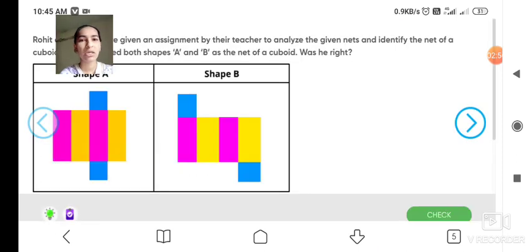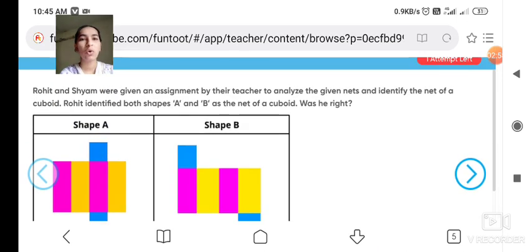Okay, let's take another example. Rohit and Sham were given an assignment by their teacher to analyze the given nets and identify the net of a cuboid. Rohit identified both shapes A and B as the net of a cuboid. Was he right?